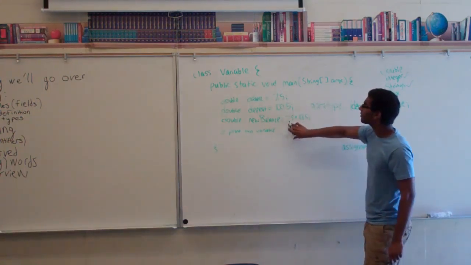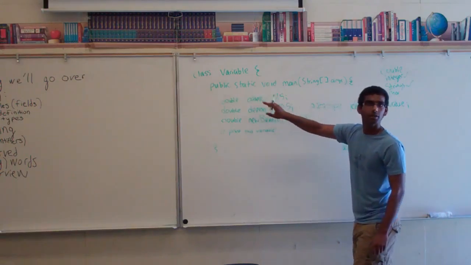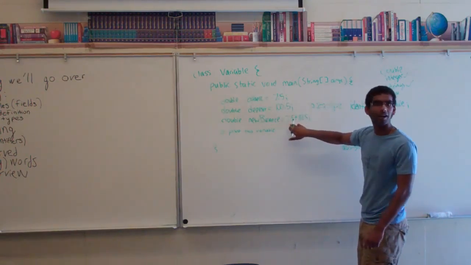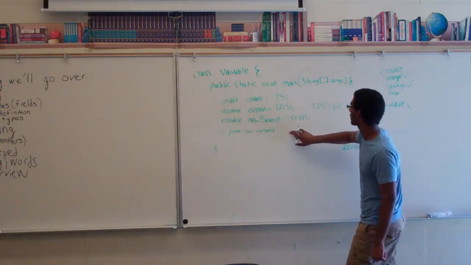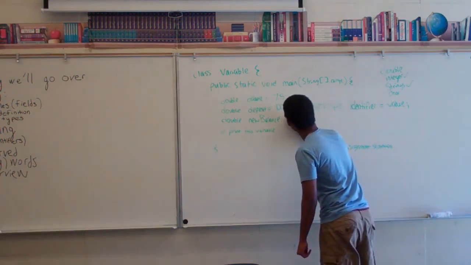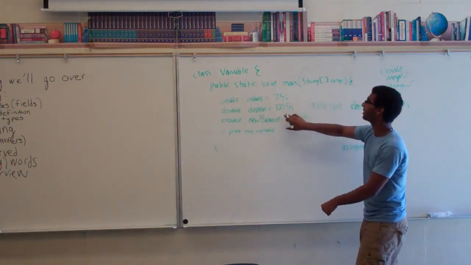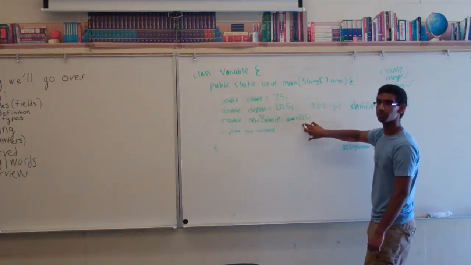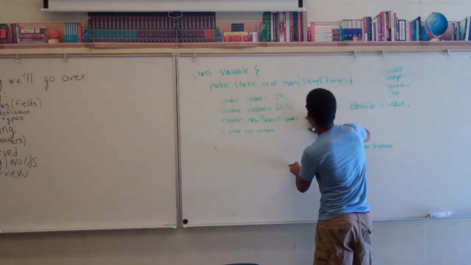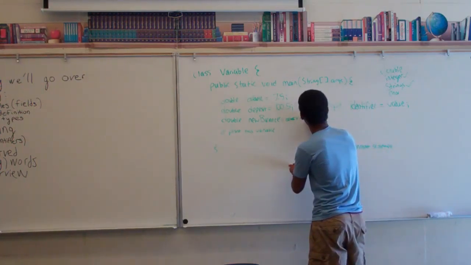So the value of 7.5 is stored by balance. Does it make sense that we can replace 7.5 with balance? Okay, let's do that. And same thing with this. We can replace this with deposit, right? So it's plus deposit.